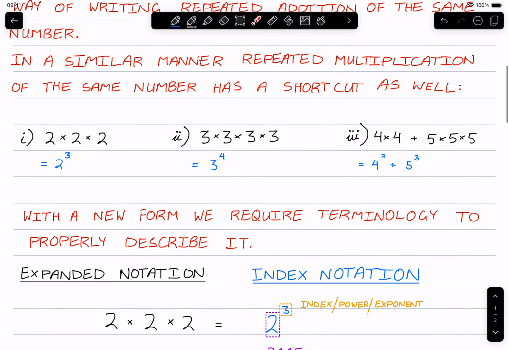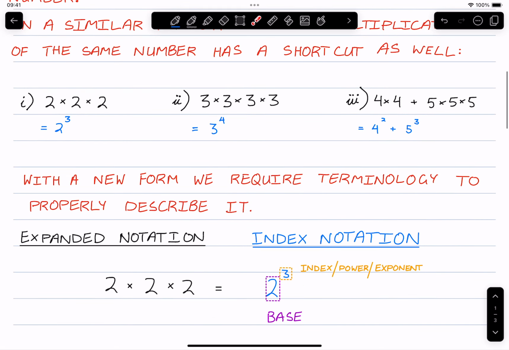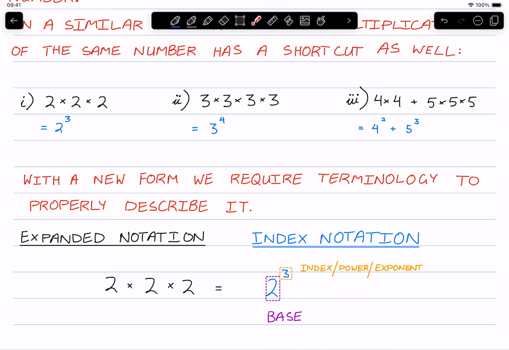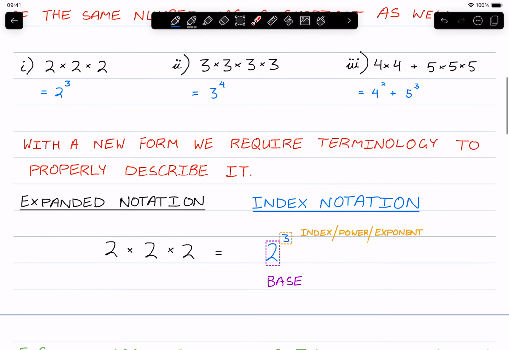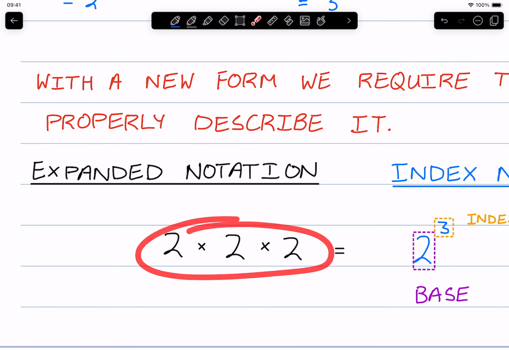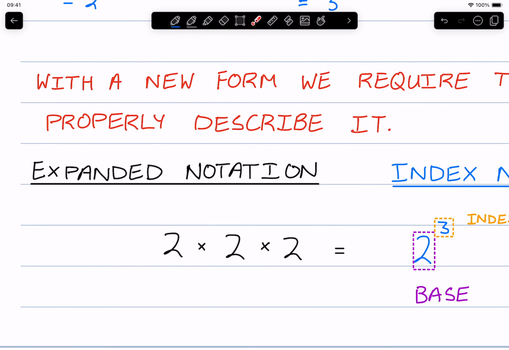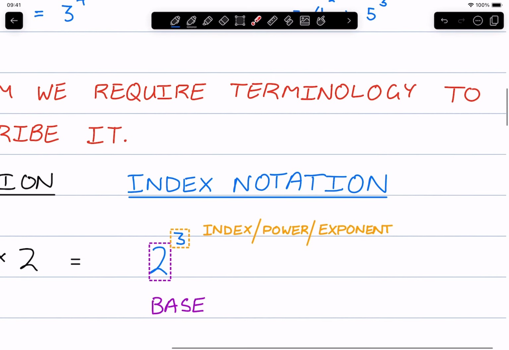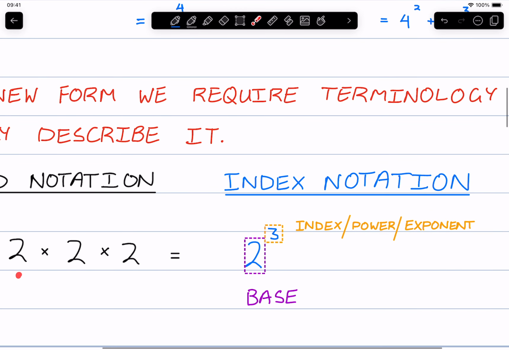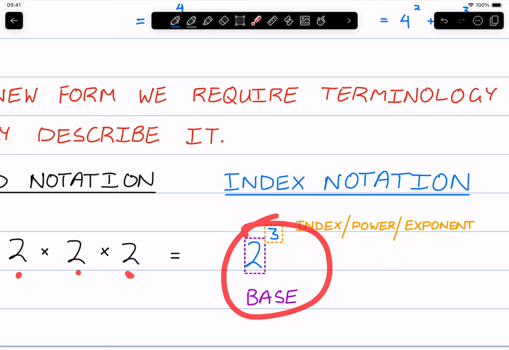With a new idea, we actually need terminology to properly describe it. If ever you see all the multiplications written out, such as this, it is called expanded notation. Index notation is where we take the repeated number that's being multiplied and we write it like this.